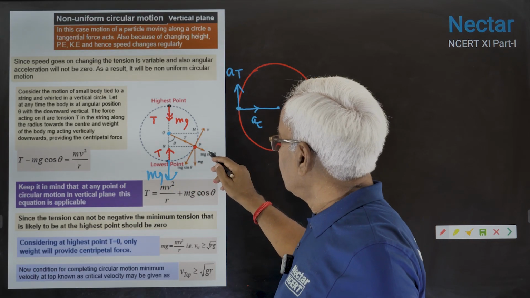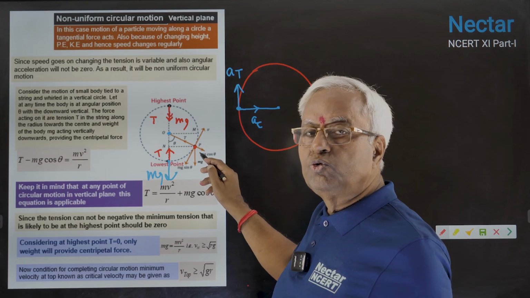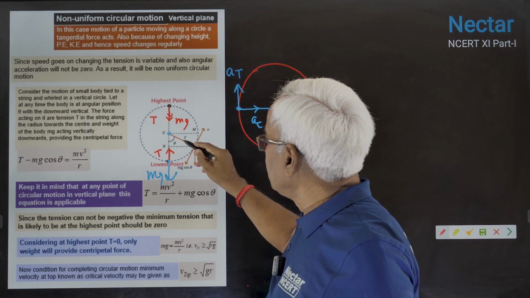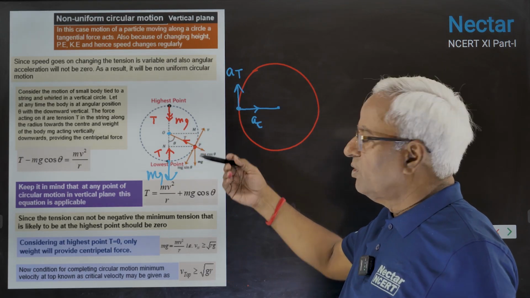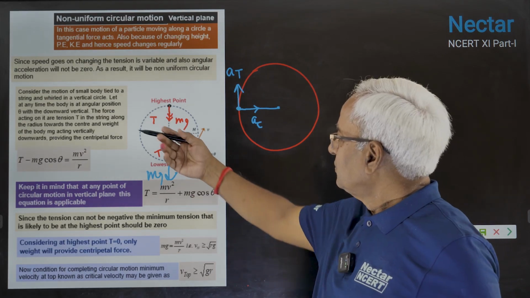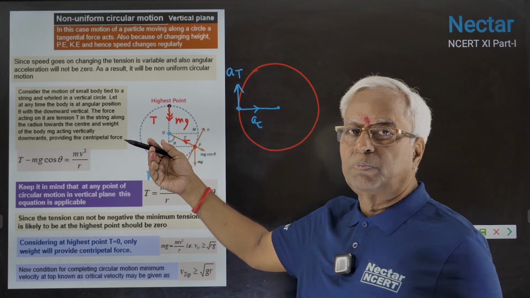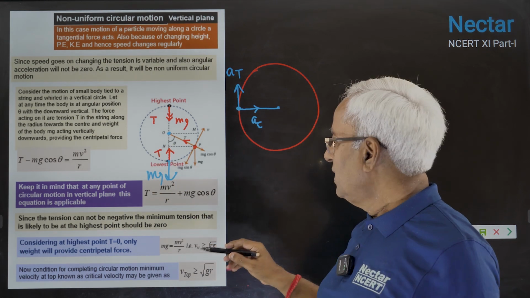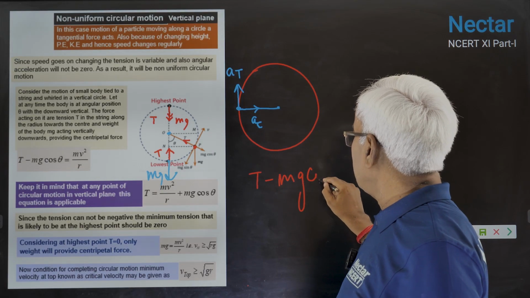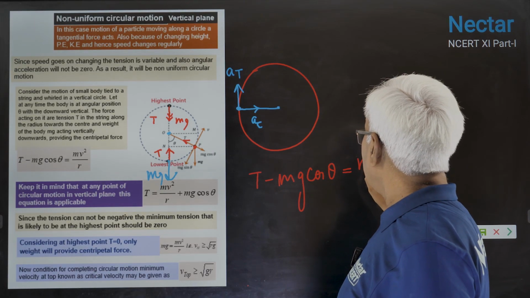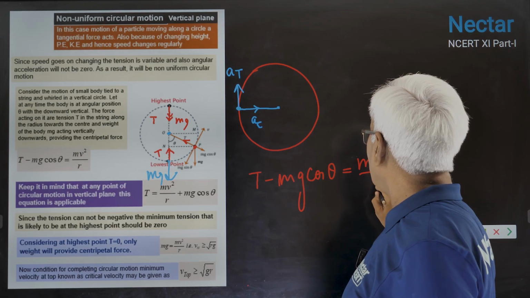Mg has been resolved into two components, and T is here. T and mg cos theta, these are along the radius responsible for centripetal force, and that should be written as T minus mg cos theta equals mv square upon r.